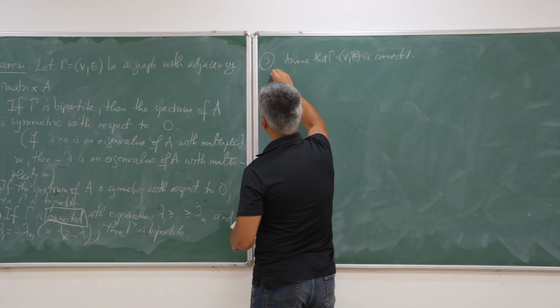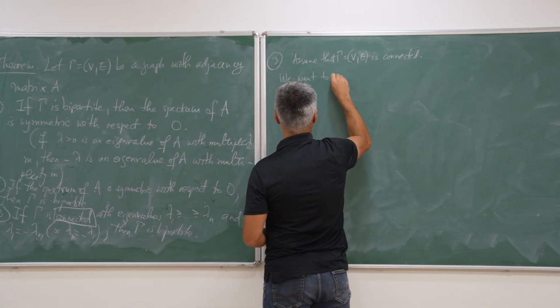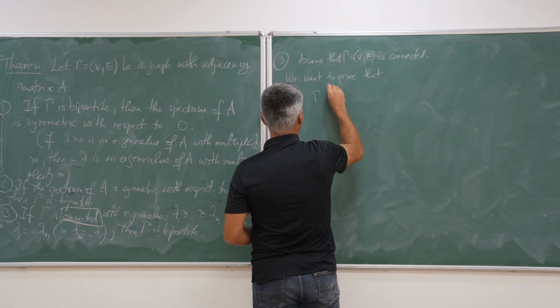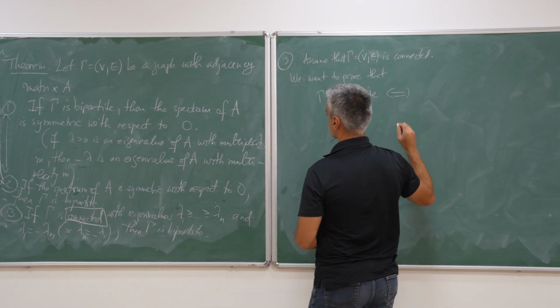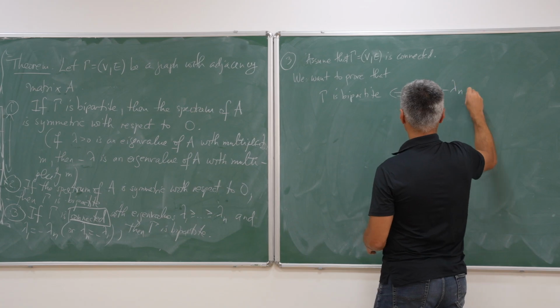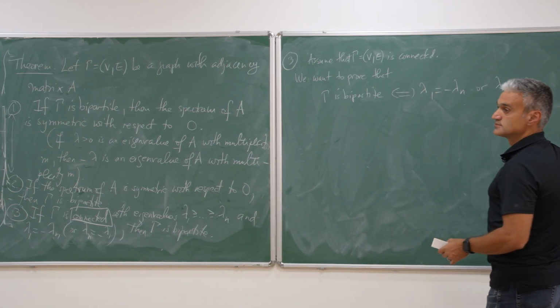We want to prove that gamma is bipartite if and only if this thing happens: lambda 1 equals minus lambda n.